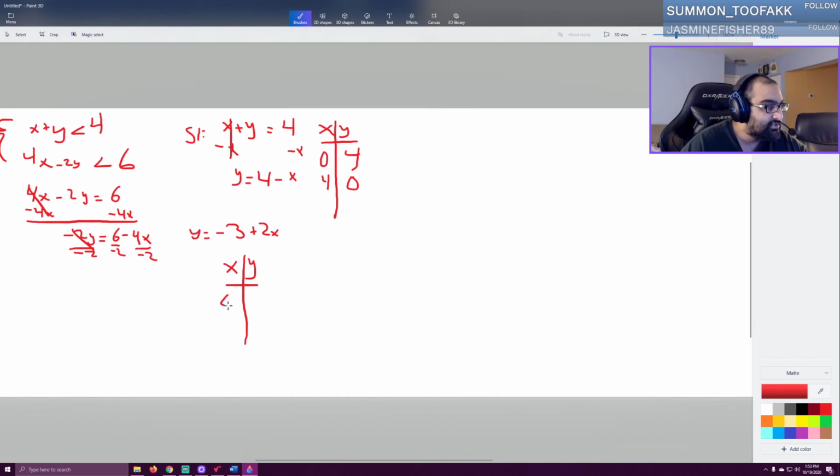So let's just plug in some numbers. 0 is minus 3, 1 is minus 1, and 2 is going to be 1. Okay, so here we got some numbers. Now let's go over the graph for both of these lines. So we have 0, comma 4, and 4, comma 0.